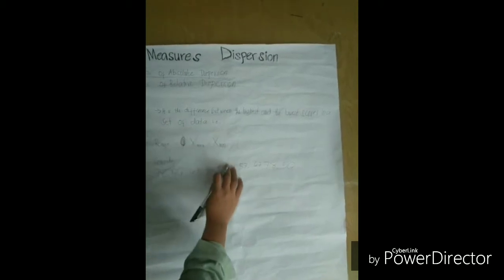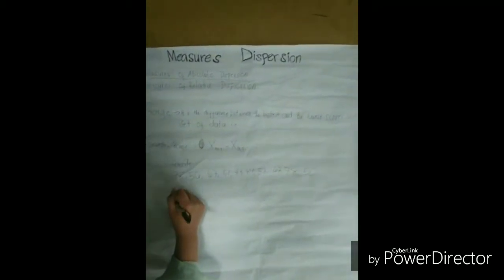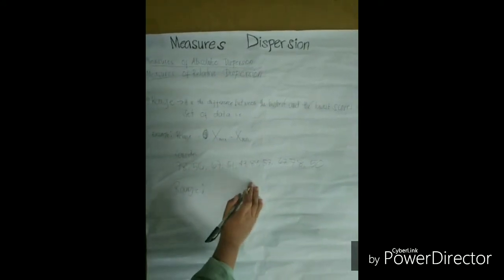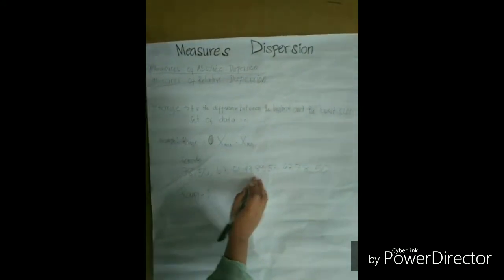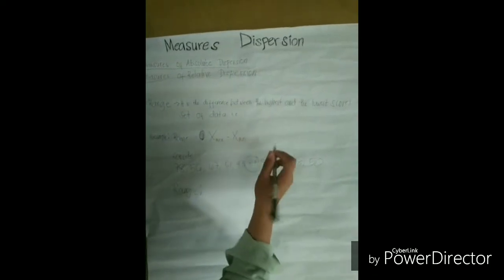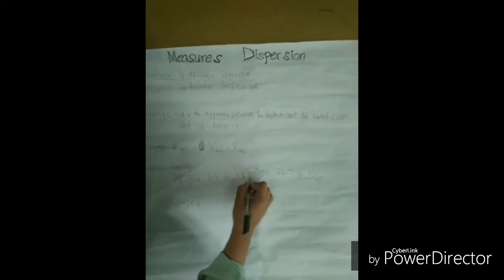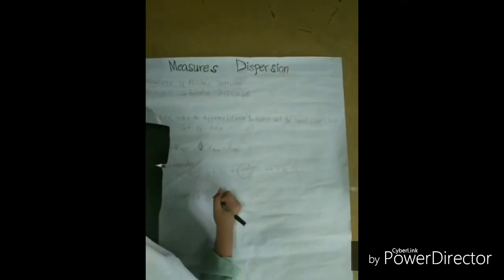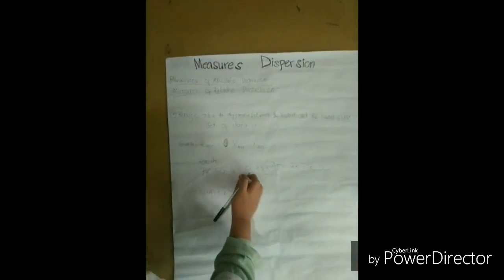Then, we're going to solve it. We get the largest. The largest is 89. 89 is the biggest number here, so we write 89.